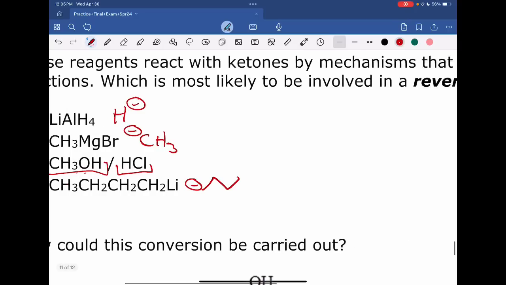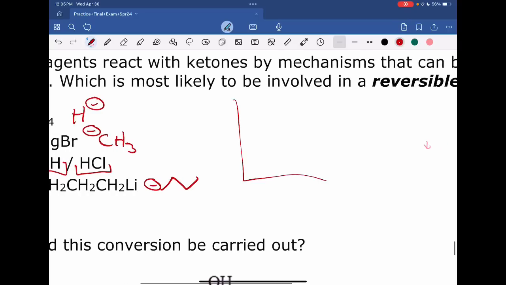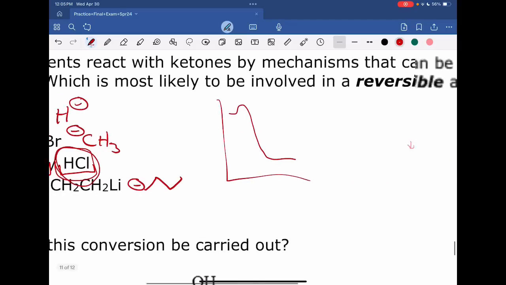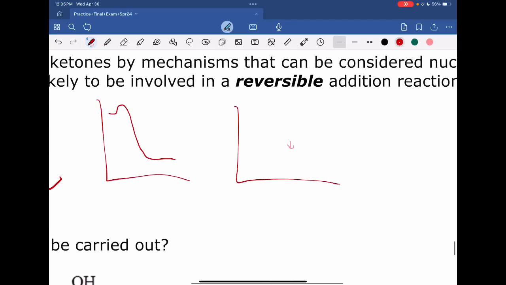And when they react, if we draw the energy diagram, it's really, really downhill. Whereas C, which is just an acid-base reaction, it's not really that downhill, especially because we have a very strong acid. So it'll look something like this, maybe. It's not a big change.